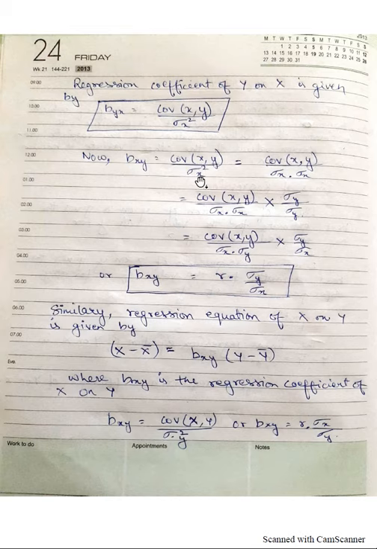We can write it as covariance between x and y divided by sigma squared x written separately, that is sigma x into sigma x. We copy it as it is, and we multiply and divide it by sigma y. Since sigma y divided by sigma y is equal to 1, it will not change the value, so we can do it.